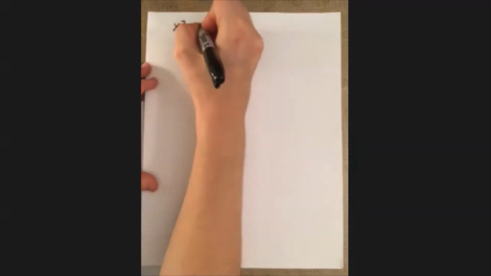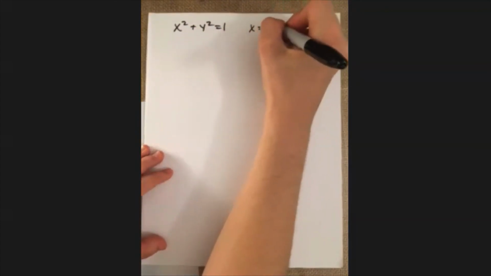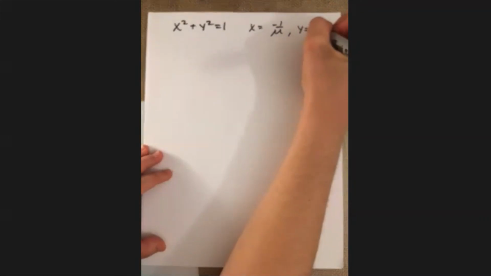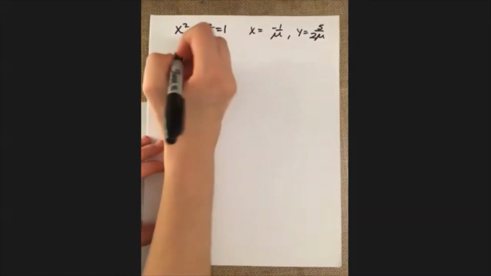At this point, I can use a constraint to figure out what mu is. We have the constraint x squared plus y squared is equal to 1, and we figured out that x is equal to -1 over mu, and y is equal to 5 over 2 mu. We can make these substitutions to solve for mu.